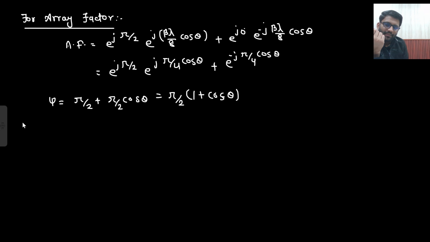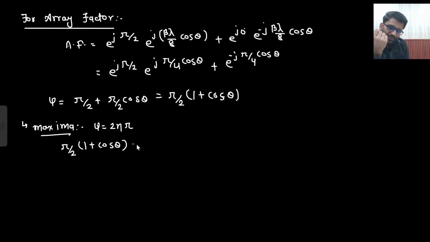Okay. So if I calculate the maxima, for maxima what is the condition? Your phi should be equal to 2n pi. So pi by 2 into 1 plus cos theta should be equal to 2n pi. So cos theta is equal to 4n minus 1.